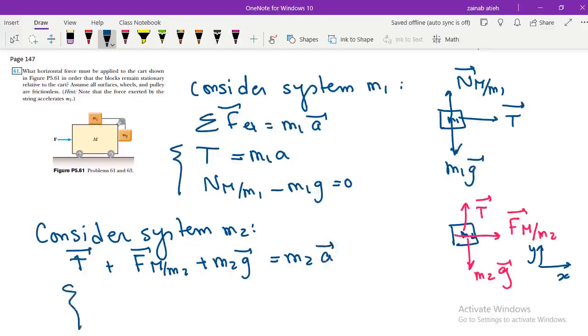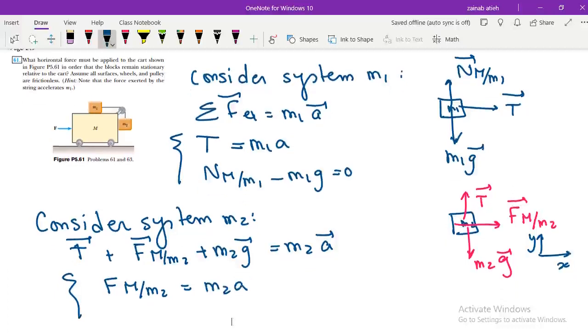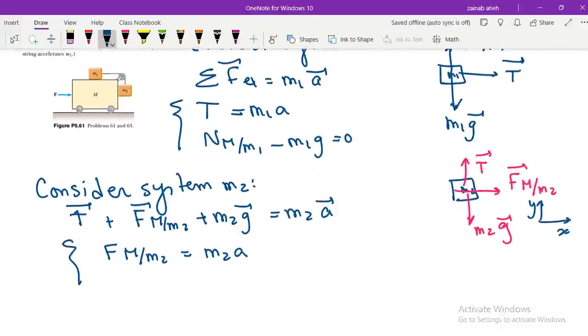Let's project now. On the x-axis I have plus F, force exerted by M on M2. This is equal to M2A. On the y-axis I have tension upward and downward minus M2G. These are equal to 0 because M2 is not moving along the y-axis, it's moving along the x-axis with the whole block. Okay?